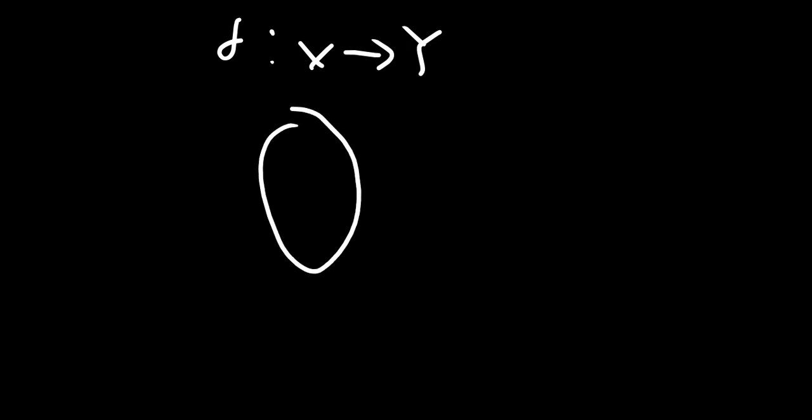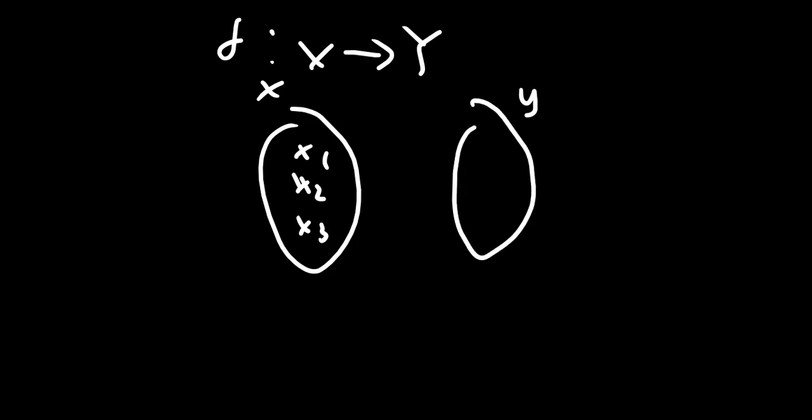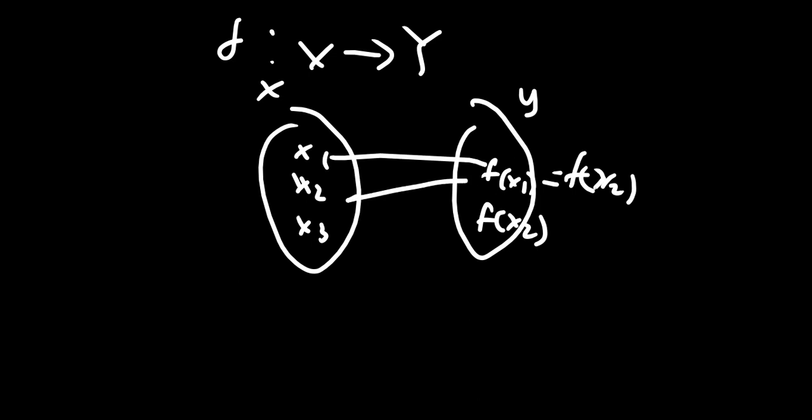A function f such that x is mapped to y is said to be many to one when, for example, I have x1, x2, and x3, and then I have y like this, such that if this is my f, f of x1 is equal to f of x2, since they are being mapped to the same point, and I have x3 mapped to that point there.